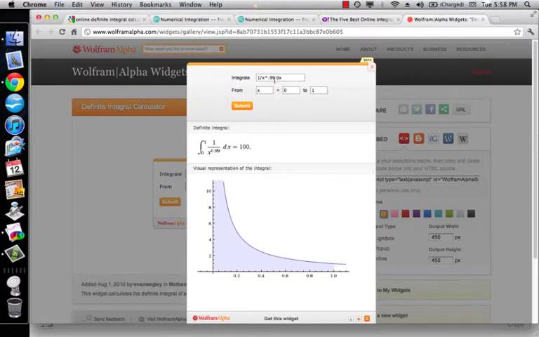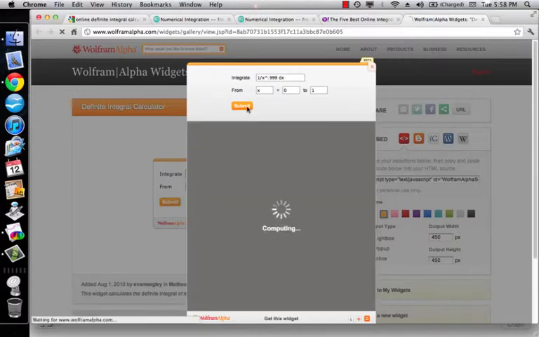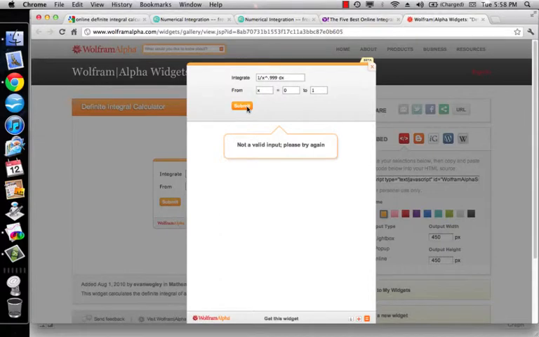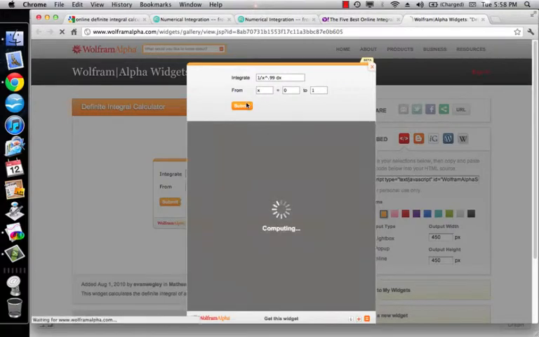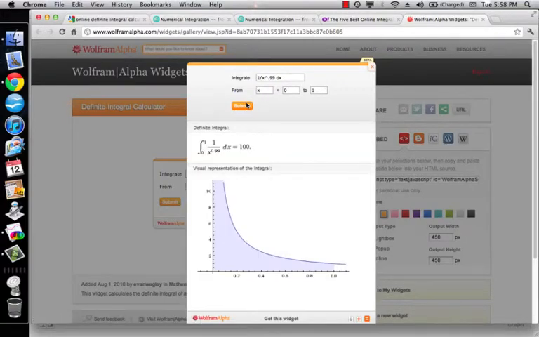And if I keep going out, it doesn't like that input. But the point that I want to make is that I can solve this just as long as it's not 1 over x to the 1. Anything less than 1 over x to the 1 is going to have a solution.